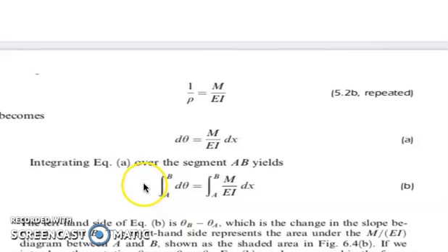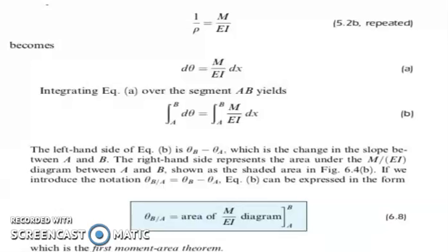Upon integration over the segment AB, the integral of d theta from A to B is equivalent to the integral of M all over EI dx from A to B. Take note that the left-hand side of our equation is theta B minus theta A, which is the change in the slope between A and B, and the right-hand side represents the area under the M over EI diagram between A and B, as shown in the shaded area in our previous figure 6.4.